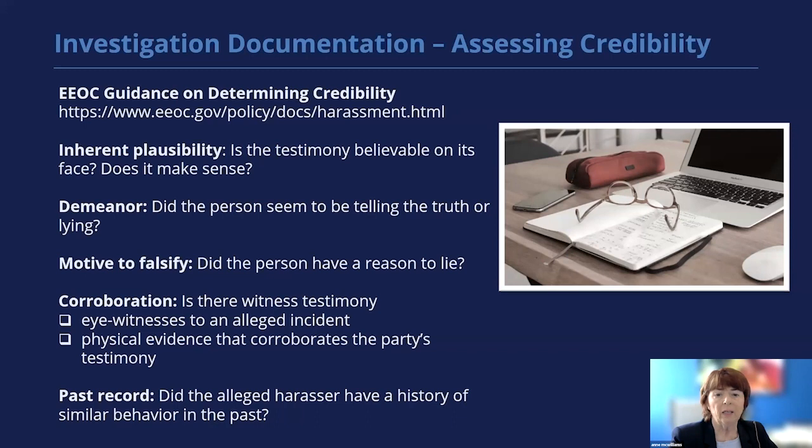So in this slide, the EEOC has published some guidance on determining credibility. And that first one is inherent implausibility. Is the testimony believable? Does it make sense? What is the demeanor of the witness? Did the person seem to be telling the truth, or does the person seem to be lying?